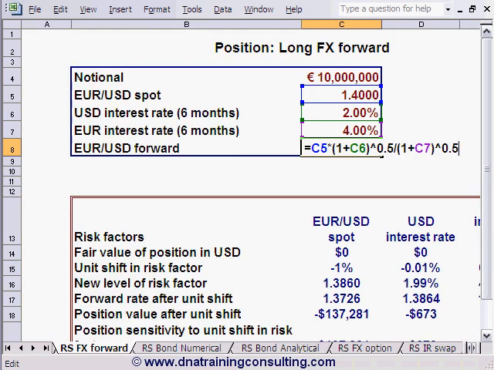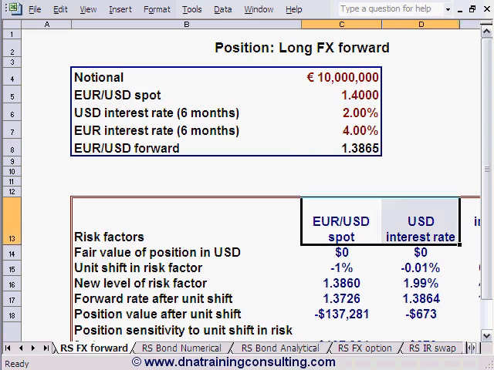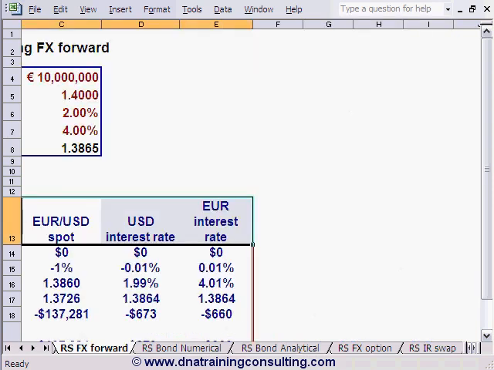Examination of this formula leads to the recognition of 3 risk factors for this instrument: the euro-dollar spot rate and the 6-month dollar and euro interest rates appearing here. In parallel with the preceding discussion, we emphasize that the passage of time would cause us to replace these 6-month rates with rates for a diminishing tenor, a subtlety we will again ignore for the rest of this discussion.